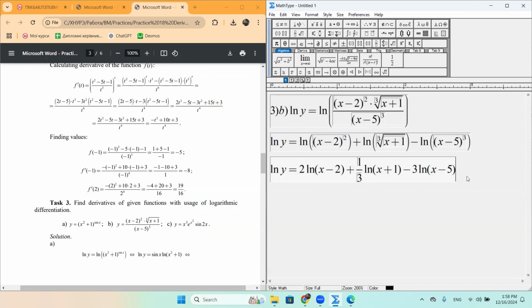We can see that calculations are becoming simpler. We just need to differentiate these logarithms.